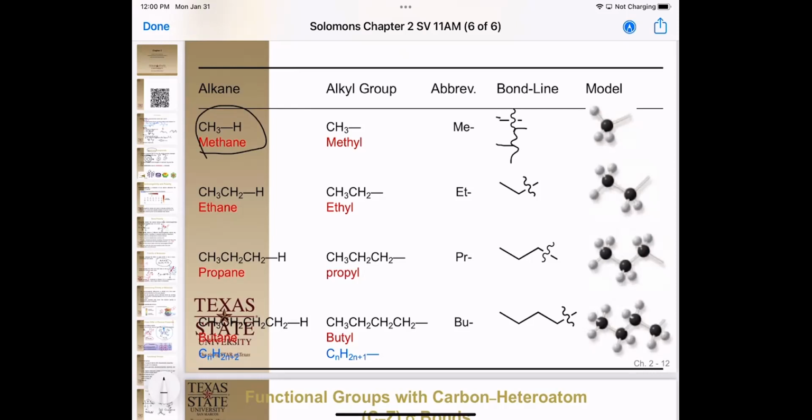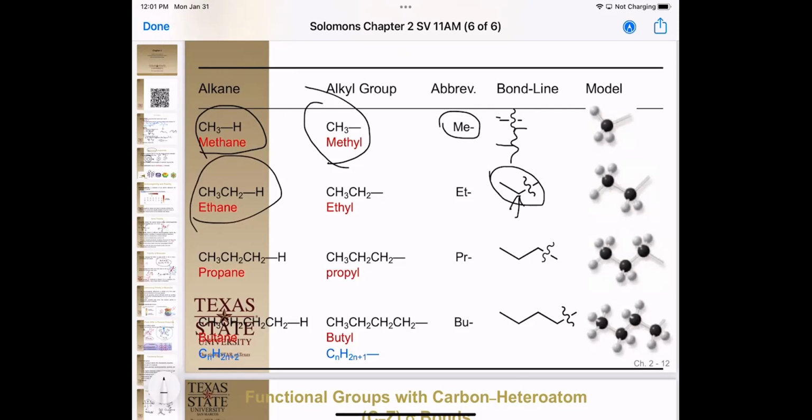Remember what this stick means. This means that there's a carbon at the end of this. There's a sigma bond between 2 carbons. And since there's only 1 bond there, you assume there's 3 hydrogens for a total of 4 bonds. Okay, so that's why our methyl group is CH3. It's abbreviated Me, not Meth. There's no H. It's Me. And so then that's how we draw it on there. But by just adding 1 carbon, it gives us an opportunity to put that bend in the line when we do our stick drawing right here.